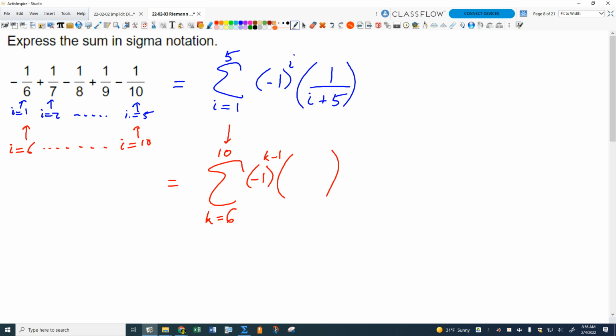And then the other part gets easier though, because if I want to be able to produce this sum, 1 over k, yeah. There you go, right? So those are equal. I mean, those mean the same thing, just different ways of saying it, okay? Depending on which starting value of the index variable you're using. Okay.